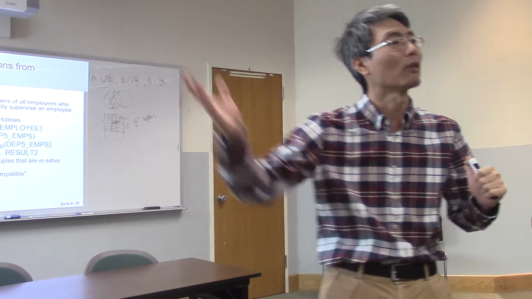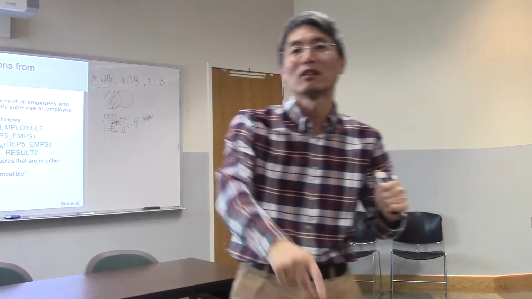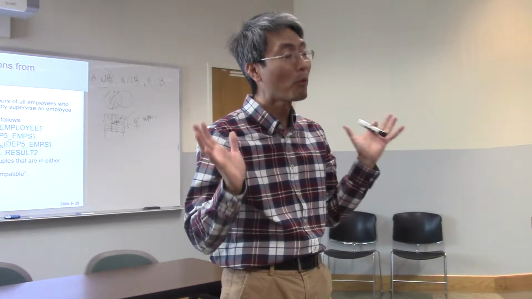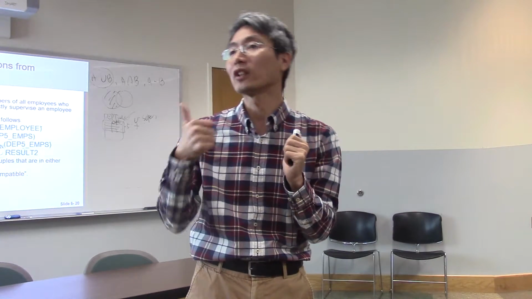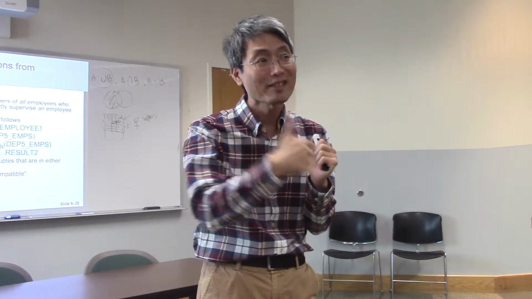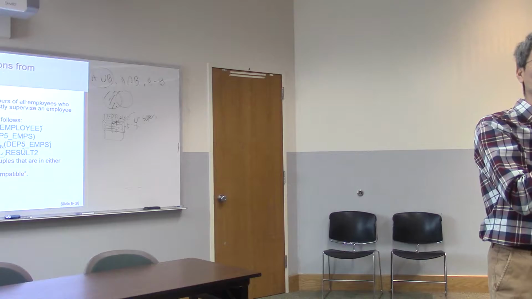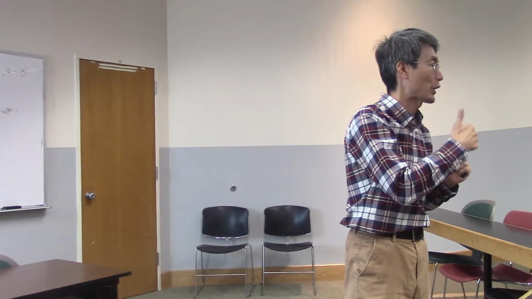Or you can go to Boston, or you can go around the opposite way of the earth. Anyway, among many different ways, we need to find the fastest and also reliable way. That is the problem of query optimization.